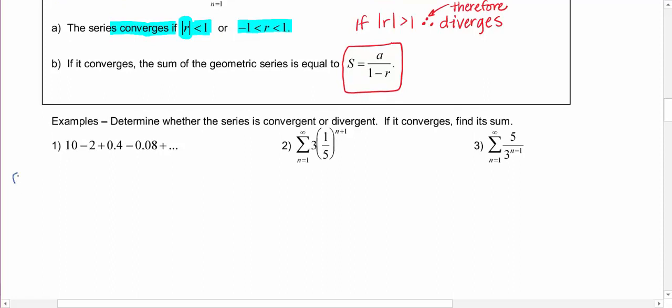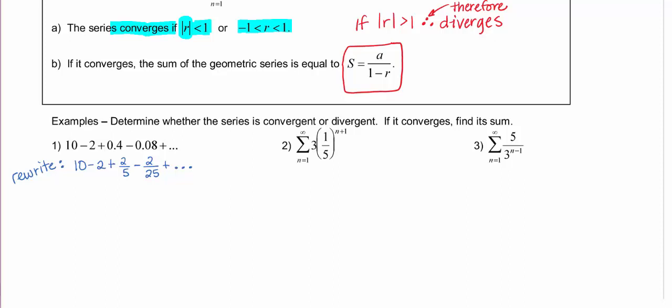But I might also need to see a rewrite to see what my common ratio is. I don't know, that's entirely up to you. So this would be 10 minus 2 plus, this is 4/10, which is 2/5. This is 8/100, or 2/25, plus dot, dot, dot.